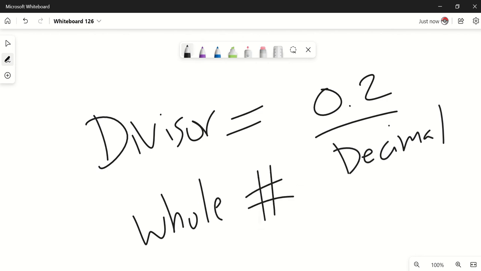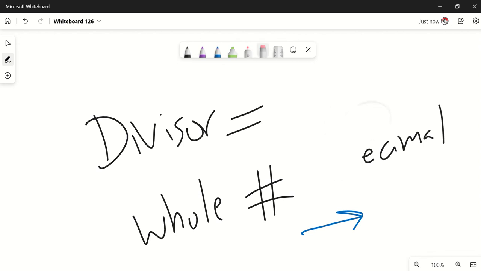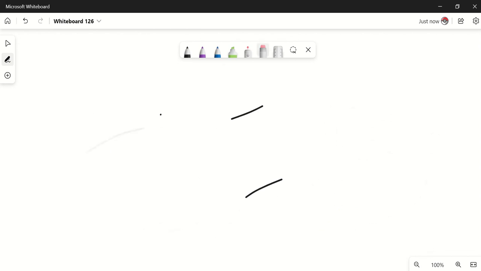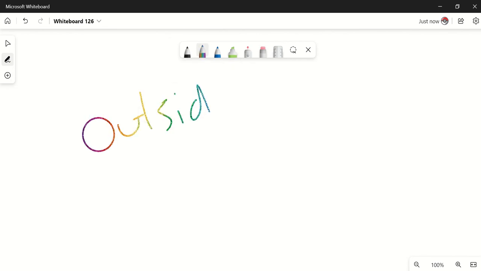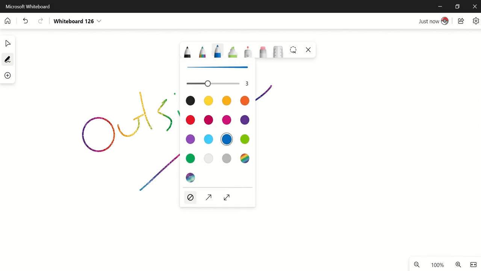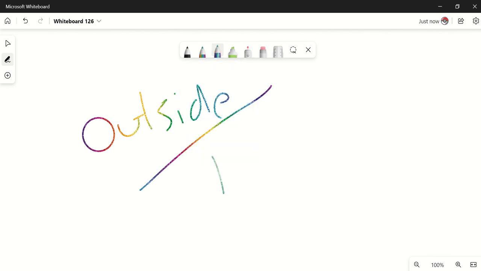You do that by making the decimal jump all the way to the right, however many times. It's very important that you count those skip jumps because whatever happens on the outside has to happen on the inside.